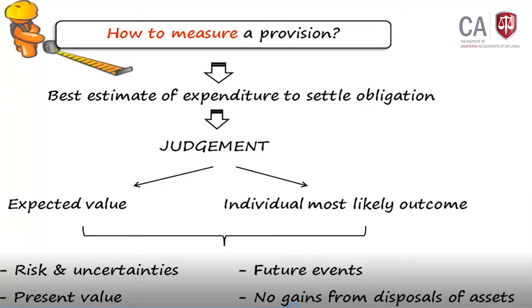Look at my example. Someone has filed a court case against the company. There's a risk of losing or risk of winning this case. That depends on the evidence, or that depends on the way you handle the case.